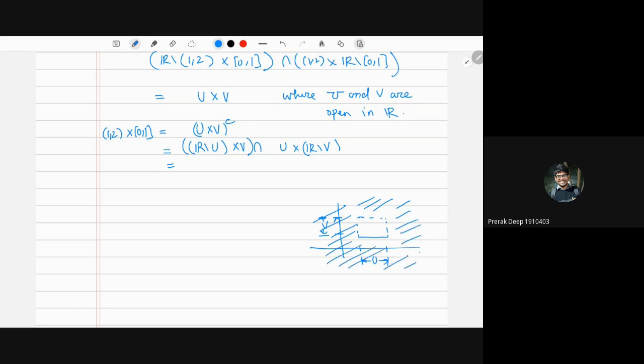You can write it as U complement, which gives you this part, times V complement, which gives you this part.